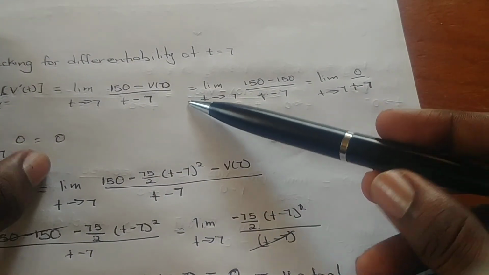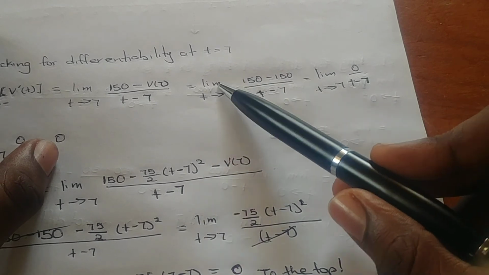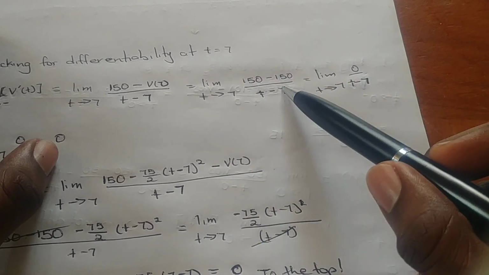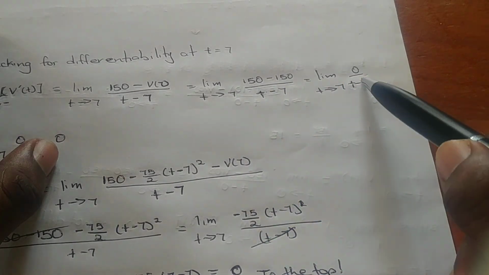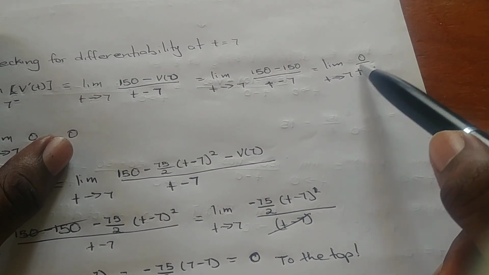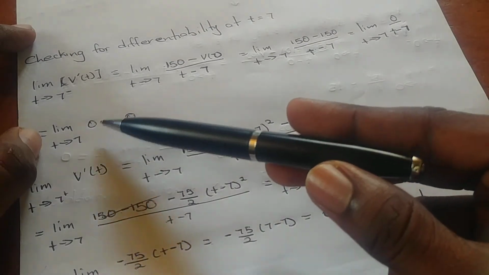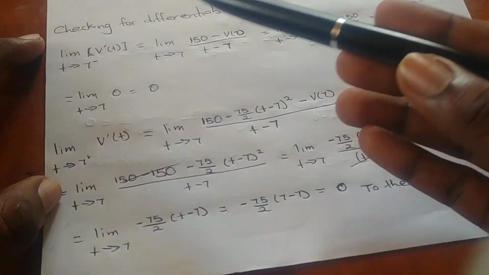So that is 150 minus 150 over t minus 7. 150 minus 150 is 0, 0 over t minus 7, 0 divided by anything is 0. The limit of 0 is 0.